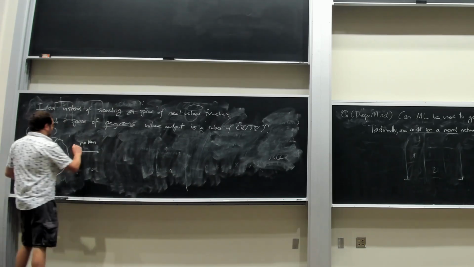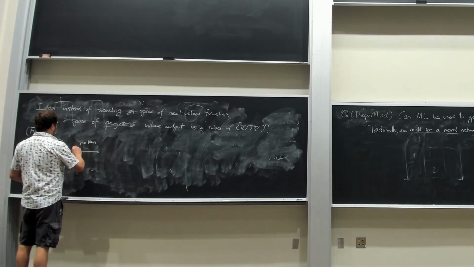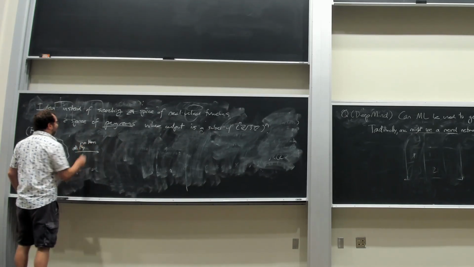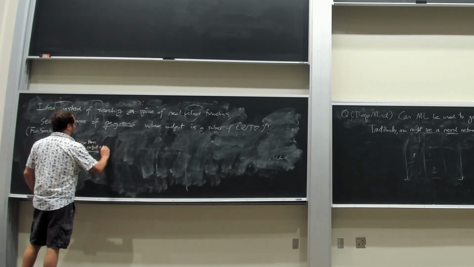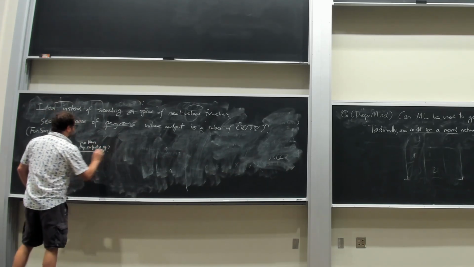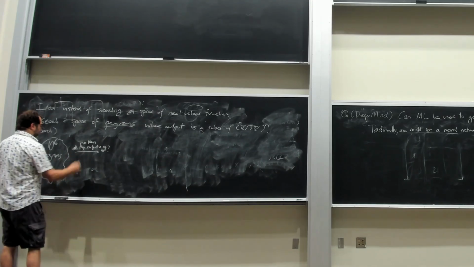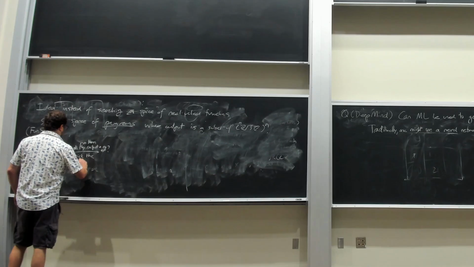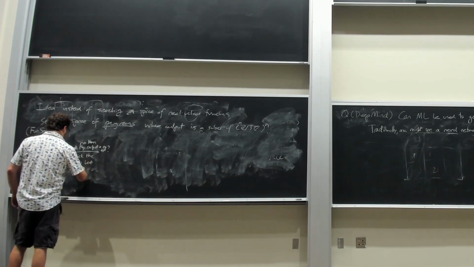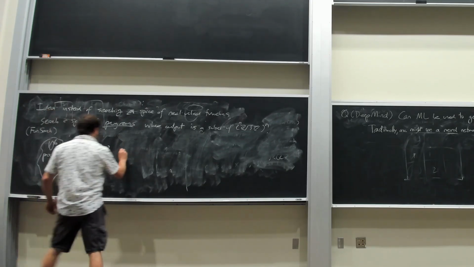And then you look at which ones give the biggest cap sets. So run them. Do they output a cap set? And then pick, let's say, the 100 best performers.